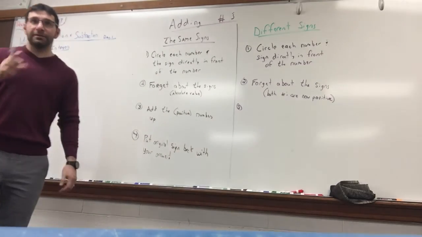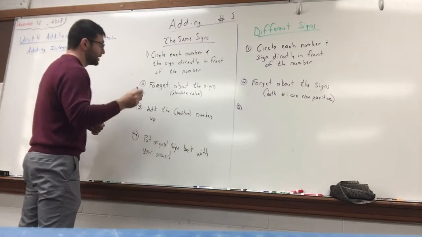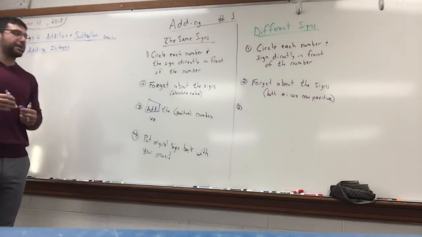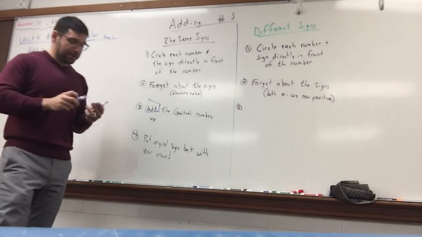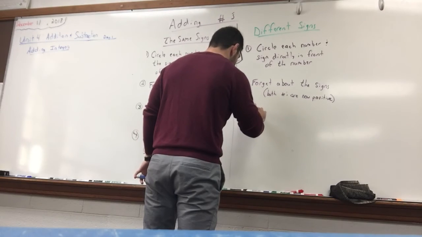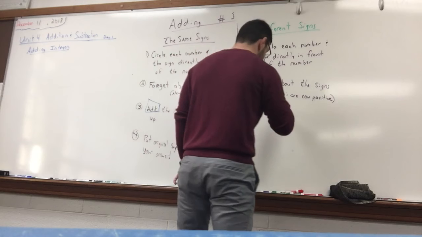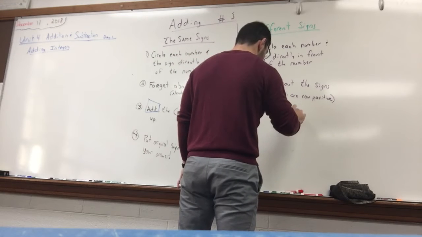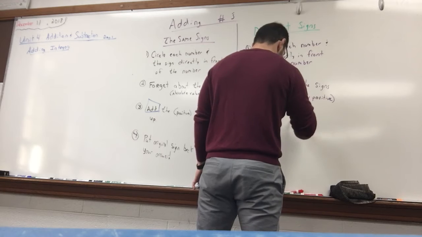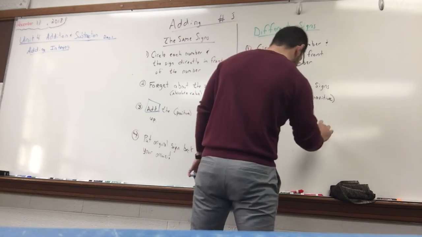Okay, step 3. This is where it gets a little bit tricky. Even though it's adding numbers, in step 3 on the other side it says add the positive numbers up. Step 3 over here is going to say subtract the big number minus small number.